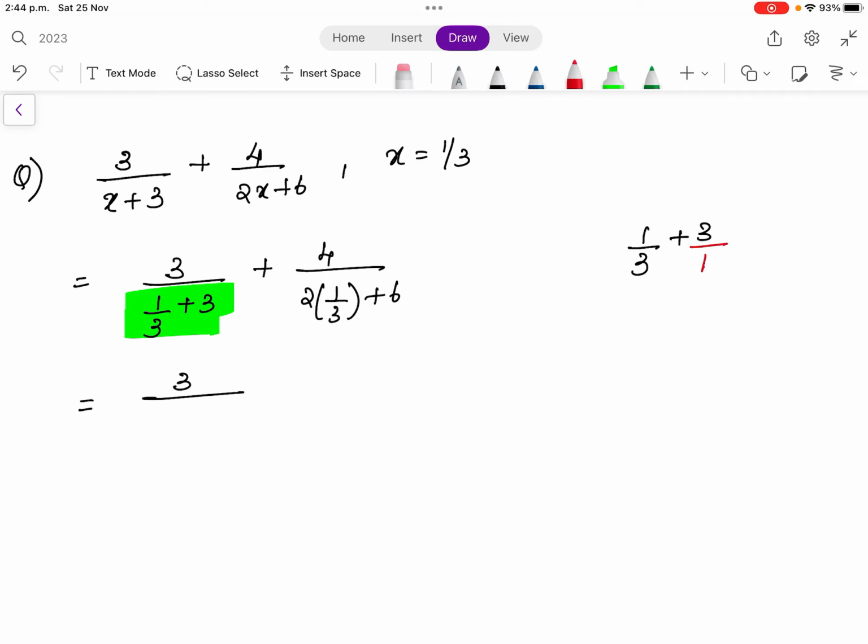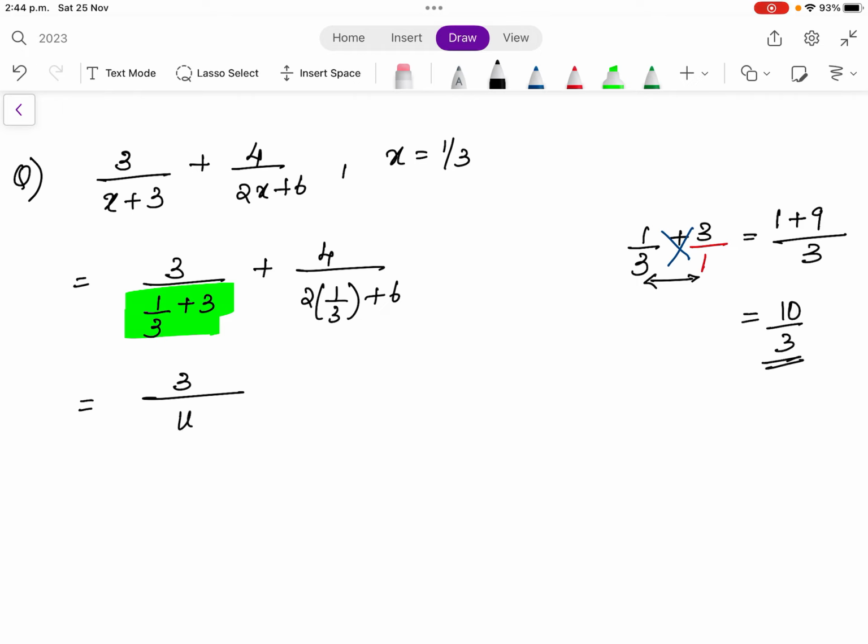So I have a video on cross multiplying, so please look into that. So I put a 1 over here so that it is again a fraction, and then I do cross multiplying. So that will give me 3 as a denominator, because that's a multiplication of these two, and then it is 1 plus 9. So that is nothing but 10 over 3.